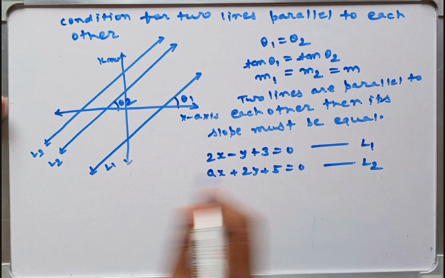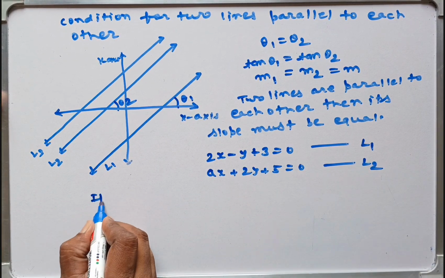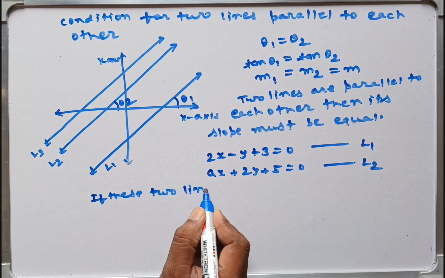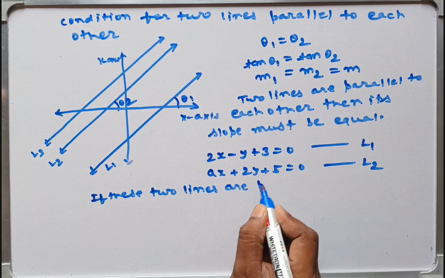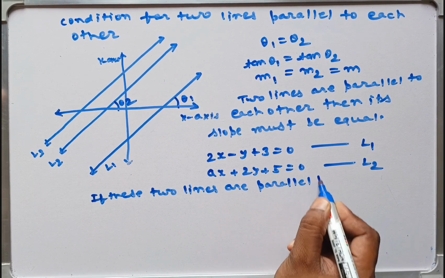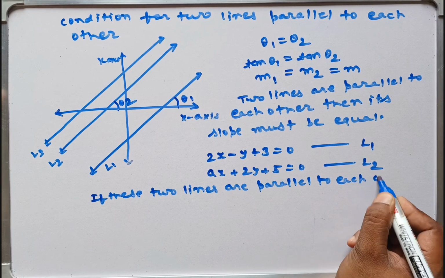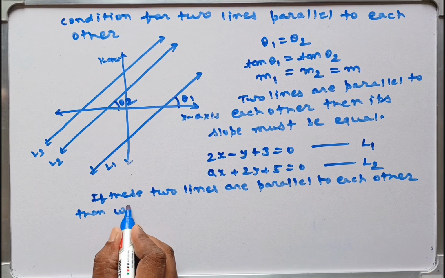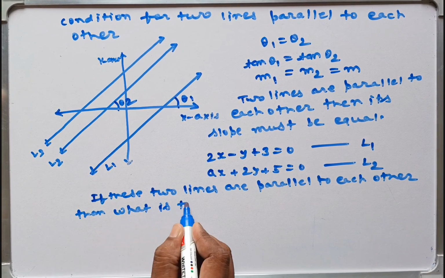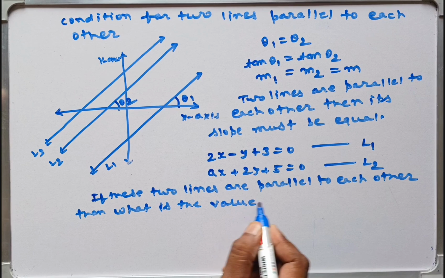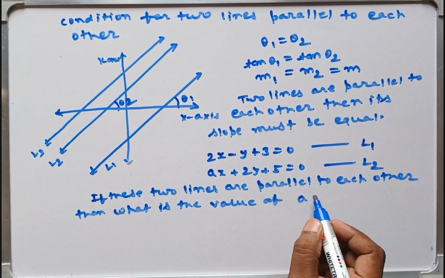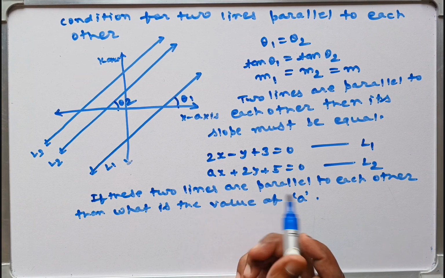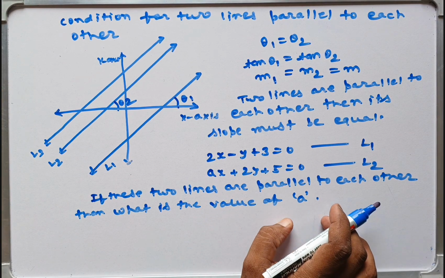Now guys, if these two lines are parallel to each other, then what is the value of a? So a is the coefficient of x here, guys. So how could you find this one?